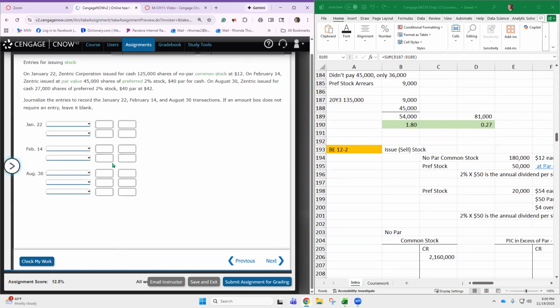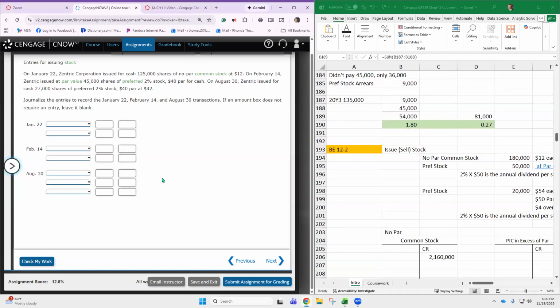Okay, we're going to start learning how to do a journal entry when you issue stock. Now, we issued bonds. Well, issue means the same thing for stock. When you issue stock, you're selling it. You're selling to an investor a part of your company, right?